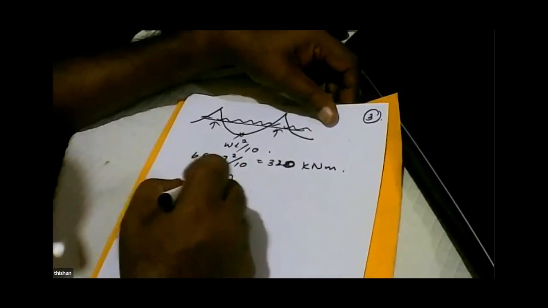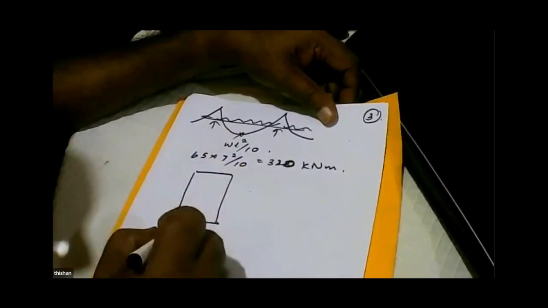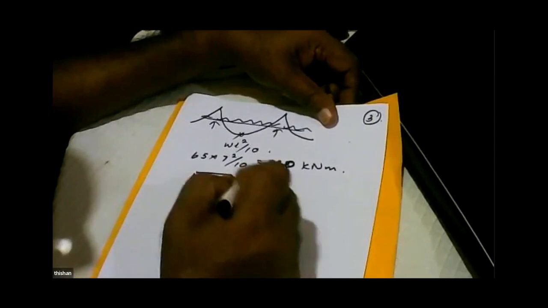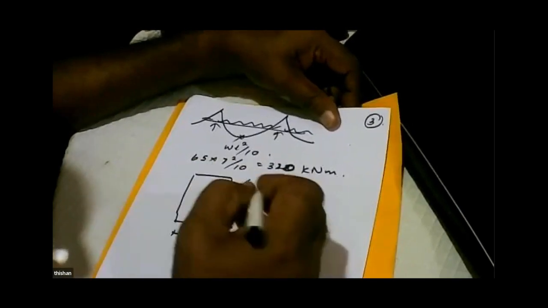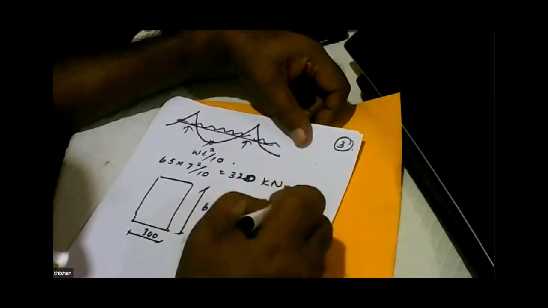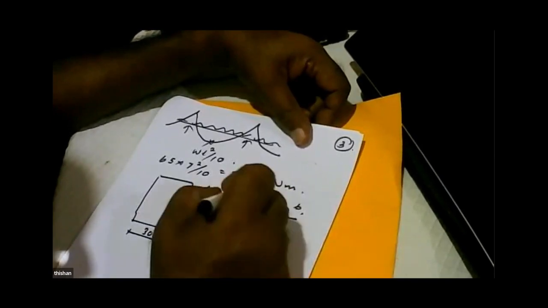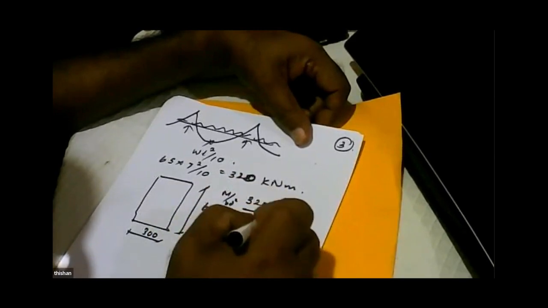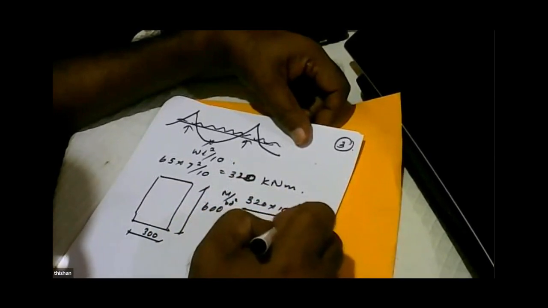The beam is 300 wide, 600 deep. So what is M over BD squared? 320 into 10 to the power 6 moment over BD squared. Breadth is 300, depth is 545.